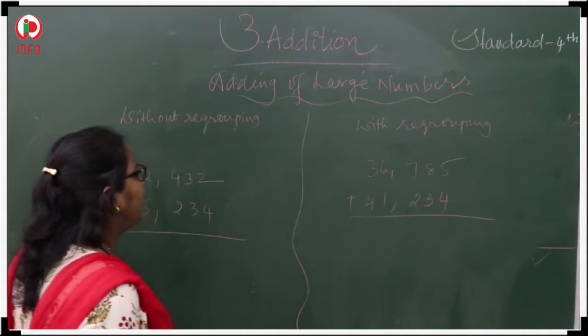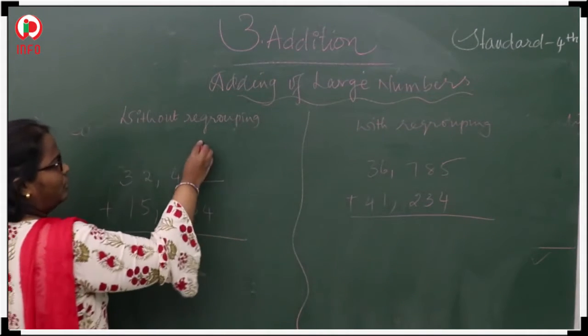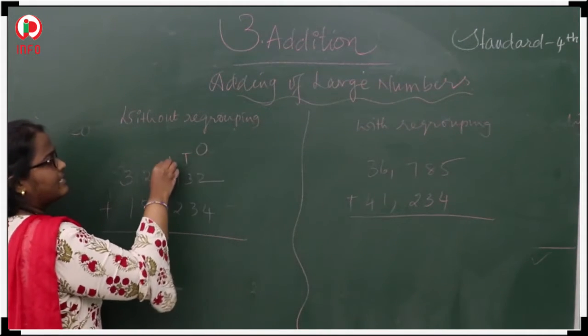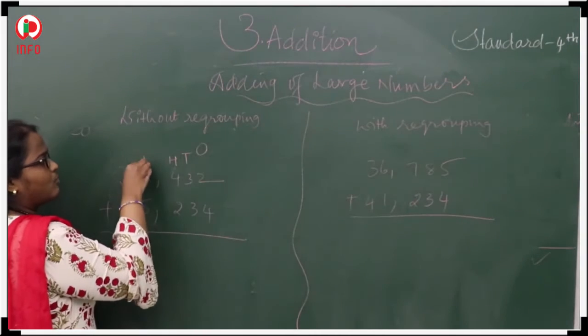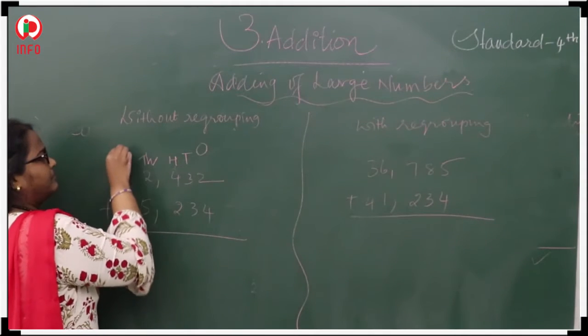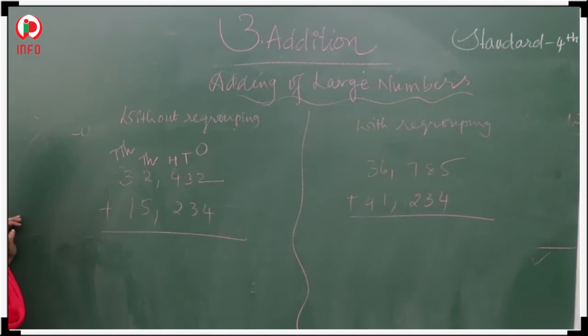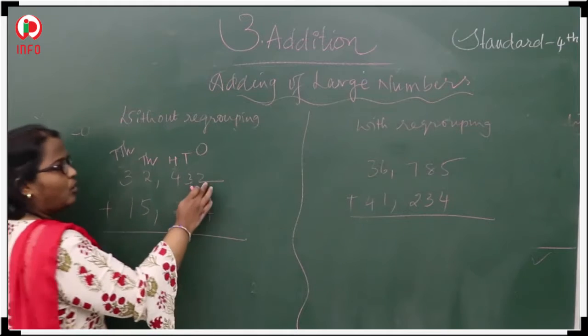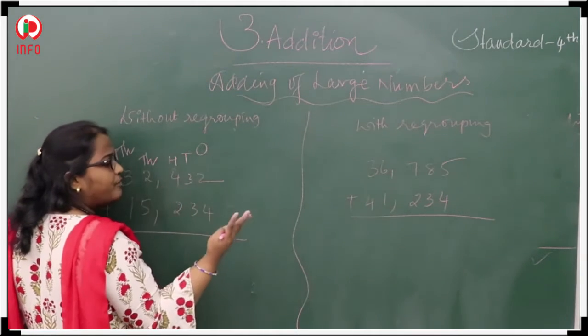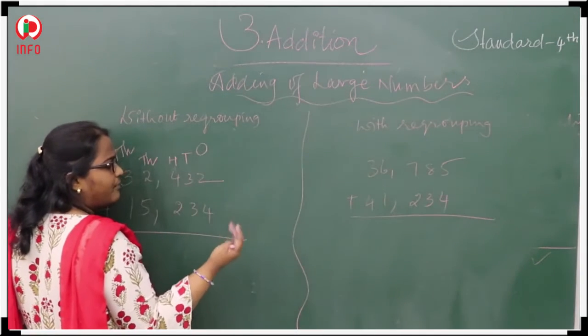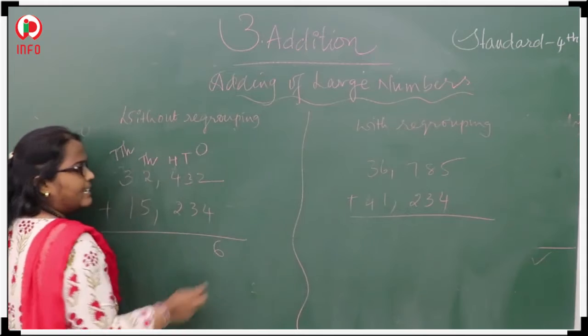As you all know, this is ones, tens, hundreds, thousands, ten thousands. Keep in your mind that you should start from the ones place. Always 2 in the mind, 4 fingers out: 3, 4, 5, 6.